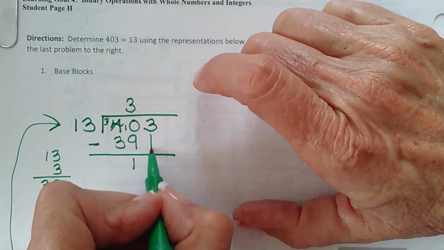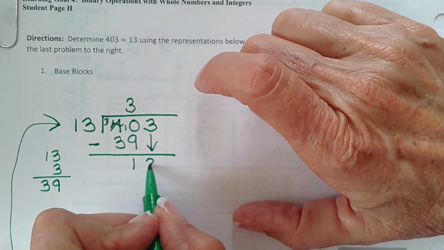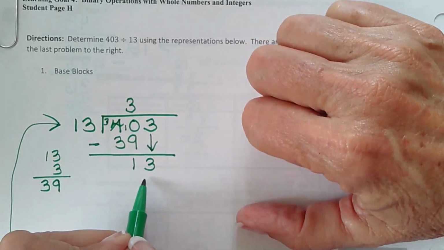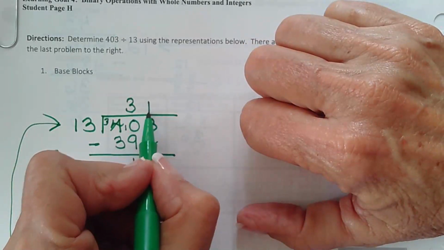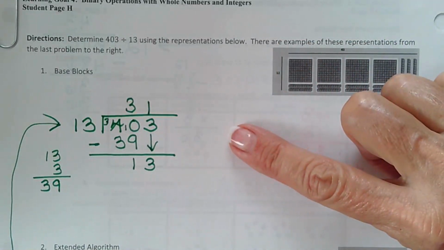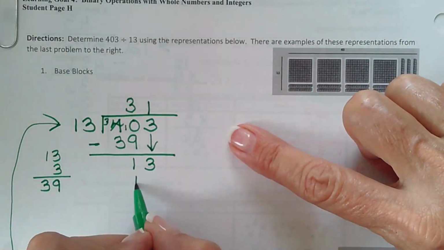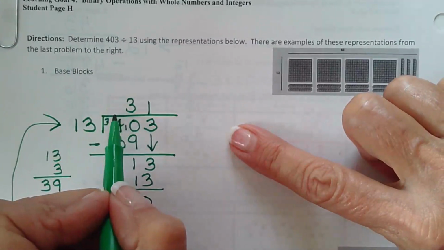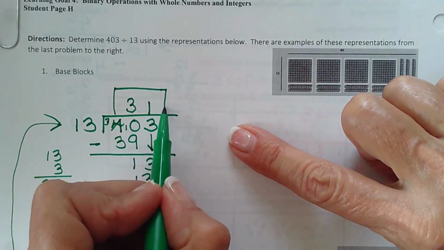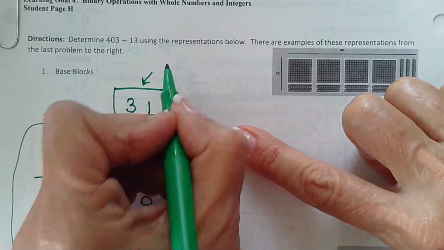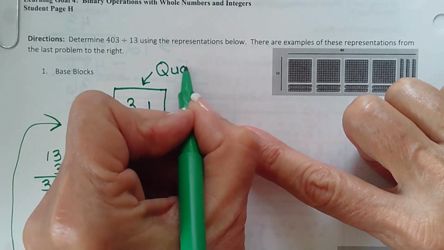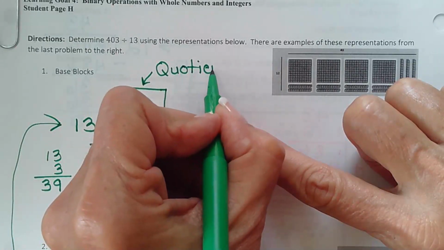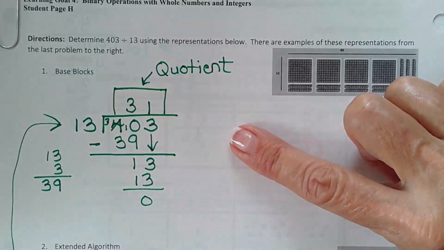And then I bring down one more number. 13 goes into itself once. 1 times 13 is 13, leaving a remainder of 0. So that means our quotient is 31. Our quotient is the answer to a division problem.